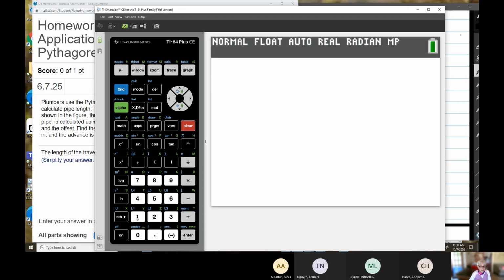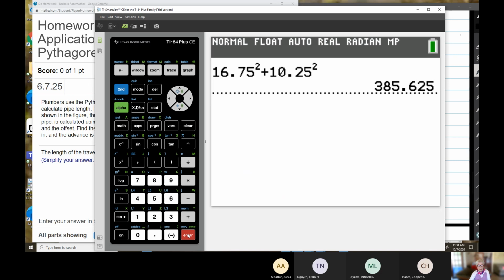Okay, we are going to take 16.75 squared plus 10.25 squared. Enter. That's a terminating decimal. If you're interested, that means this could be turned into a fraction.